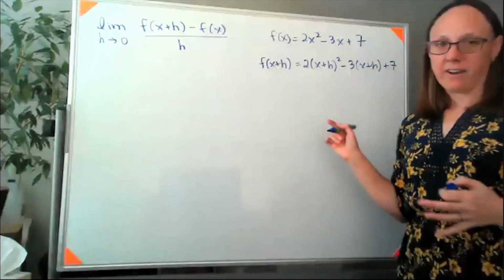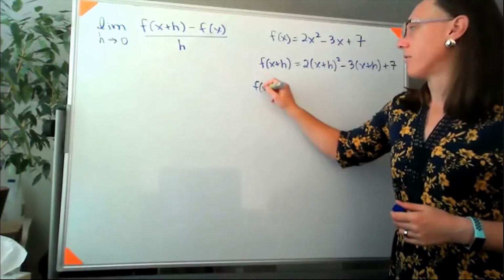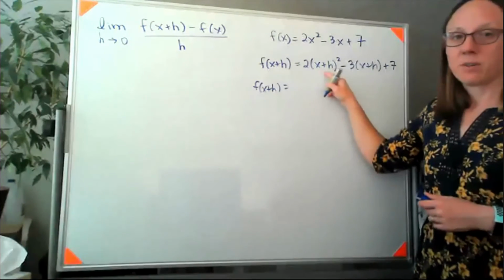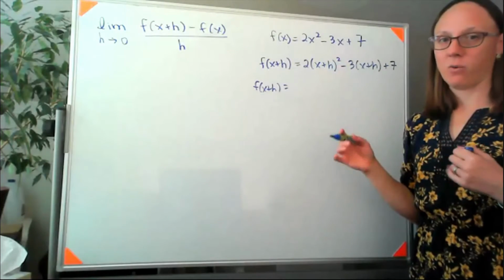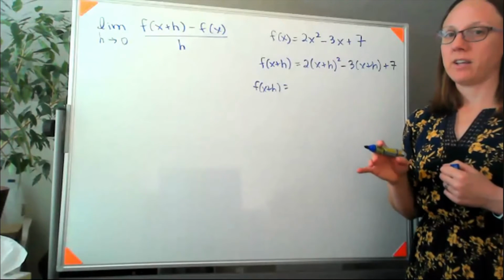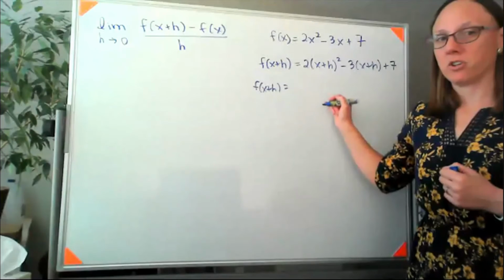Well, multiplying all of that out, that makes my f of x plus h. X plus h squared, when we FOIL that out, we get x squared plus 2xh plus h squared. And I'm going to go ahead and distribute in the 2.